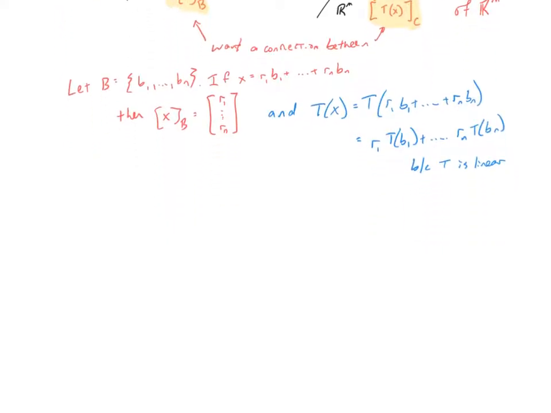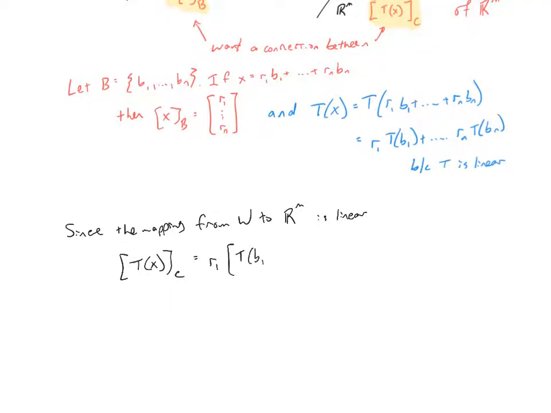Now, where we go next is to say that since our mapping from W to R^m, that's that mapping downward, is also linear, I can write the coordinate vector for T of x relative to basis c as r1 T of b1 relative to c plus etc. rn T of bn relative to basis c.